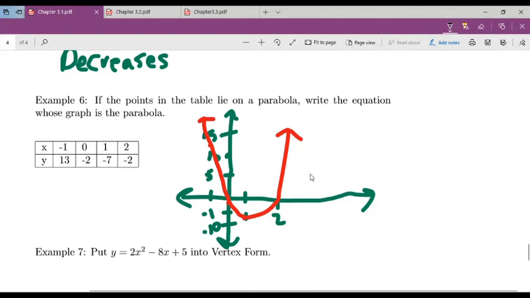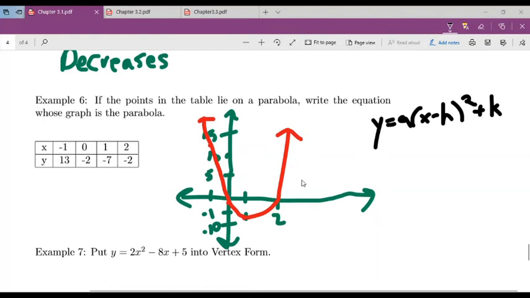the vertex form here, if we do it, we get y equals a times x minus h squared plus k. Okay.